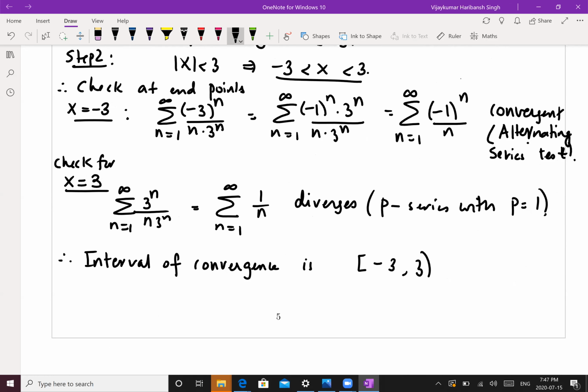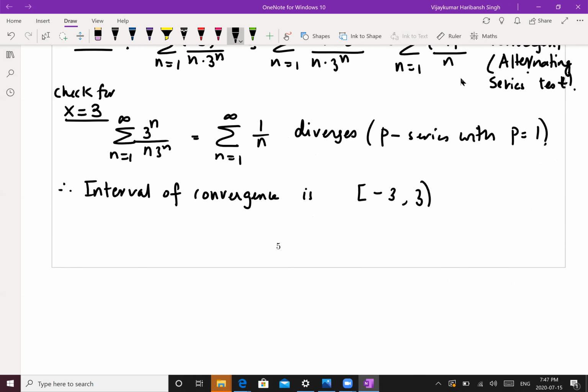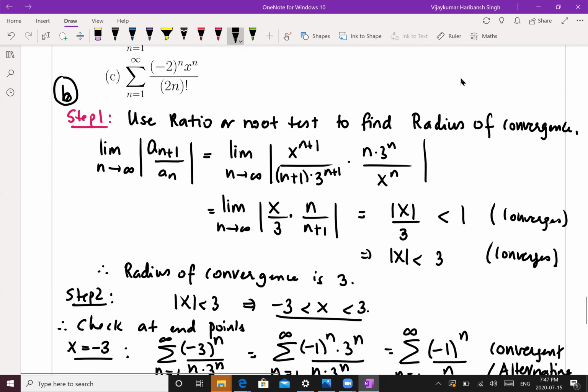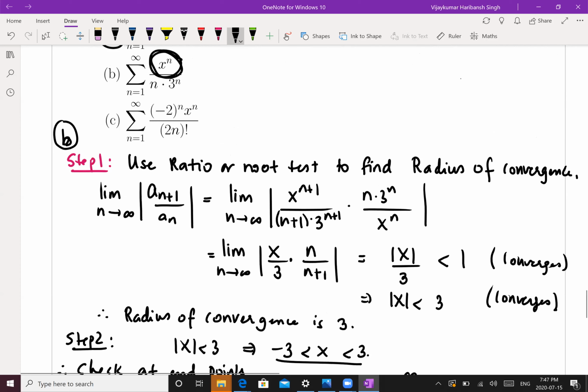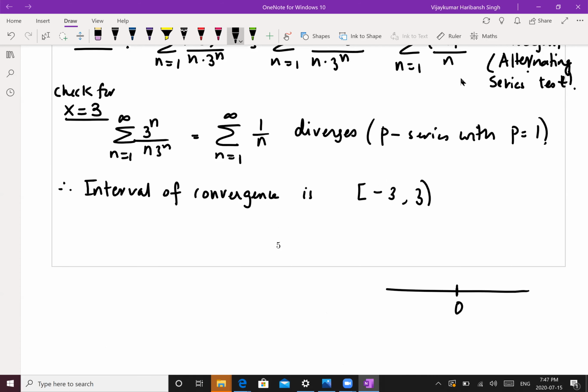So now, why is it called radius of convergence? Because think about it in the following way: the center of the power series in this case is basically 0. So from 0, you can think about drawing a circle of radius 3. Note that a circle of radius 3 in the real number line will look like an interval.